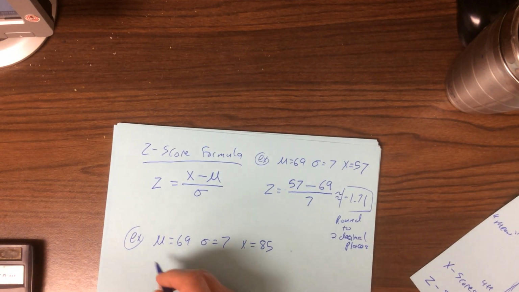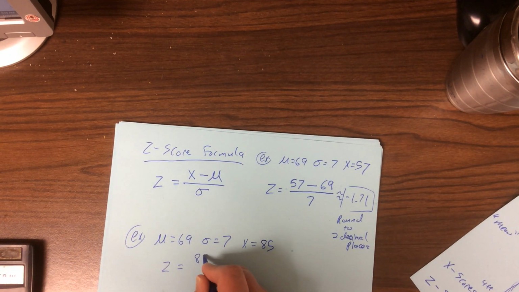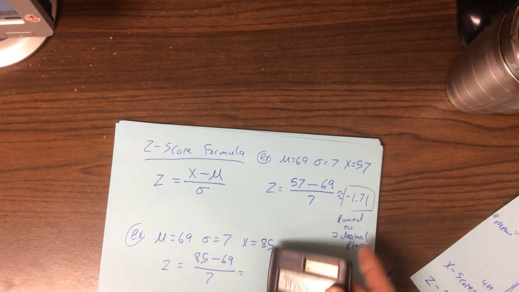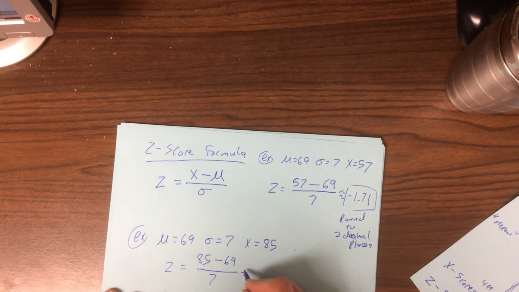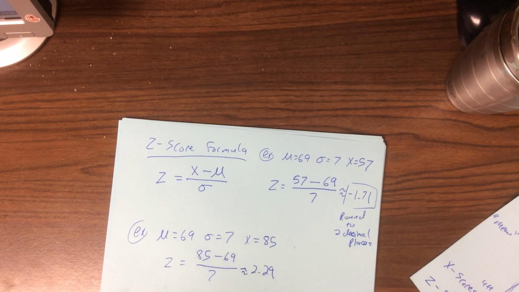So using my z-score formula, I would do 85 minus 69 divided by 7. Using my calculator, 85 minus 69, return, divide that by 7. And I get 2.29. I'm going to round to 2 decimal places. 2.29. And that would be the z-score.